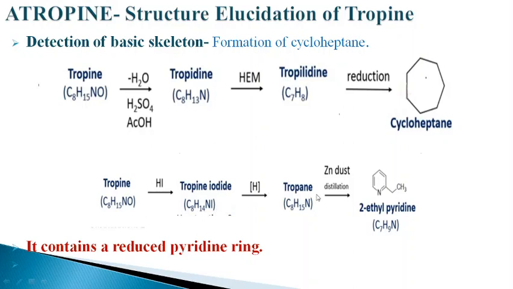On further reduction, it forms tropane with the formula C8H15N, which on zinc dust distillation gave a compound of known structure, 2-ethylpyridine. This gives an important conclusion that a reduced pyridine ring, or piperidine ring, is present in the basic skeleton of tropine.